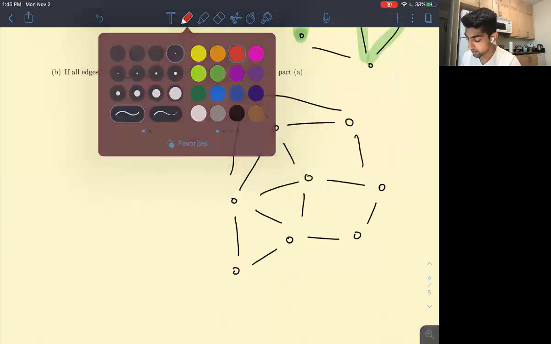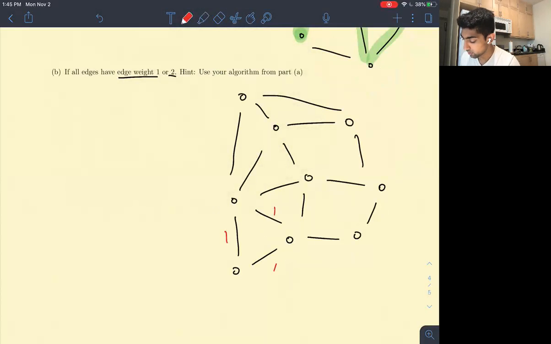So let's add in some edges of weight 1. Okay, let's add the rest as weight 2. I'm just creating some example that I could try to figure out an algorithm for.